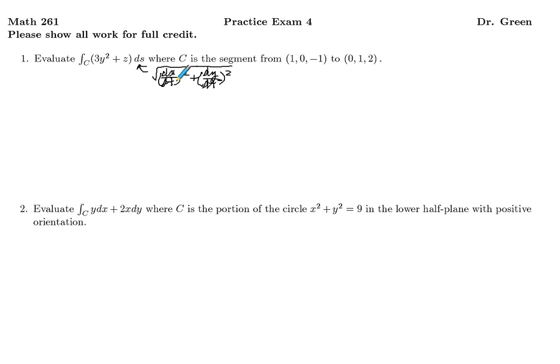And so we need to find our parameterization for that segment and then find x(t) and y(t). Okay, so our curve C, remember you can always parameterize a segment with convex combinations. That is (1 minus t) times that starting point, which is (1, 0, -1), and then plus t times your ending point, which is (0, 1, 2).